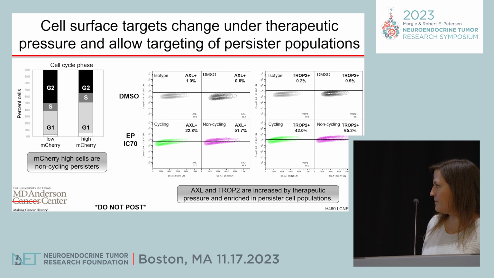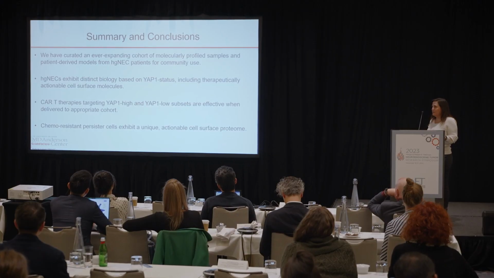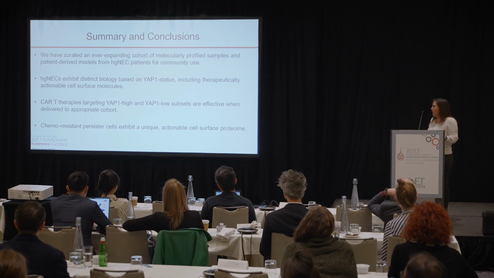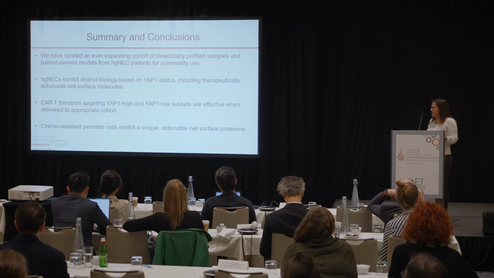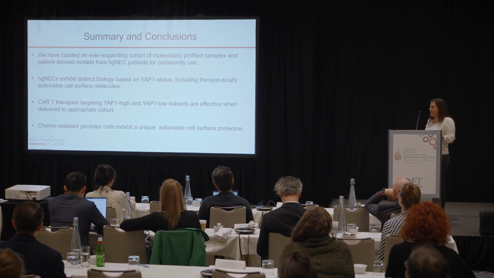So in summary, we've curated a cohort of patient-derived samples and models. We find that these high-grade NETs exhibit distinct biology based on YAP status, and that CAR-T therapies are effective when delivered to the appropriate cohort of samples.